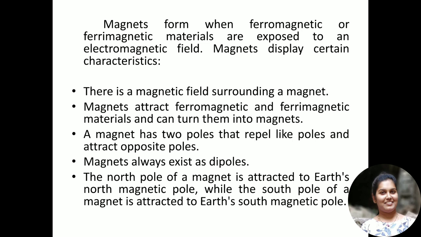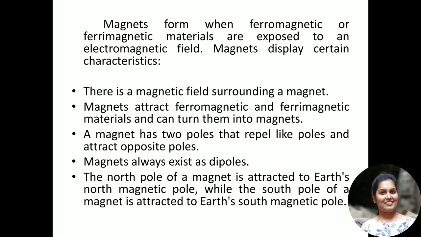This point we have previously discussed, that ferromagnetic and ferrimagnetic materials can act as magnets. The third point is that a magnet has two poles that repel like poles and attract opposite poles. This point we have seen in the video.